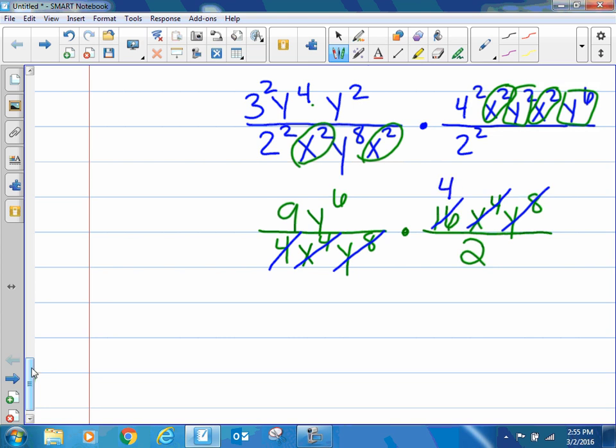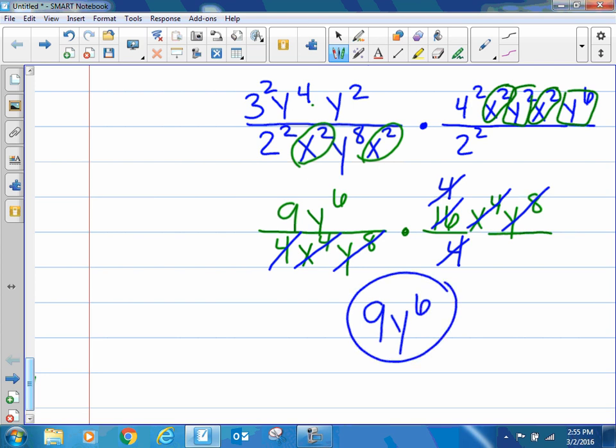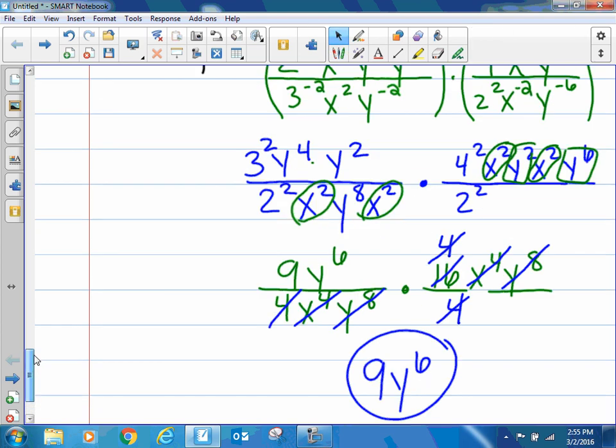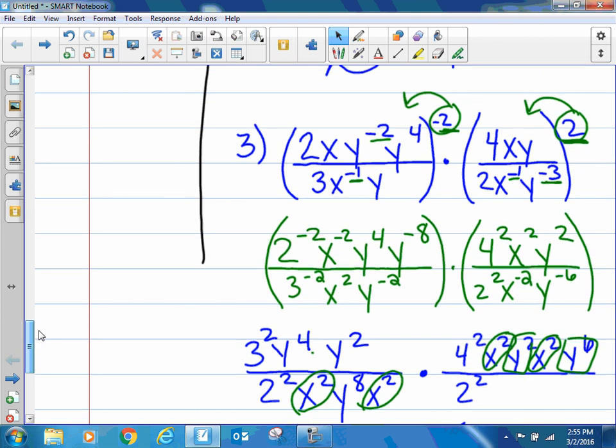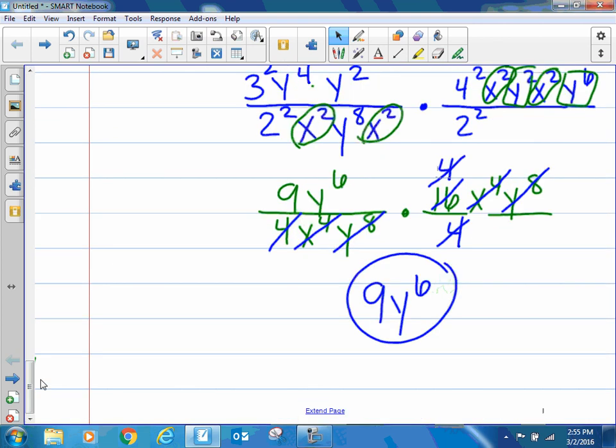Oh, 2 squared should be 4 on the bottom. I'm sorry, 4 on the bottom. This 4 can cancel out with this 4. Well, I've pretty much canceled everything out, and all I'm left with is 9y to the 6th power. So we went from this craziness up here all the way down to simplified as 9y to the 6th. All right, well, we will discuss this a little bit more in class.